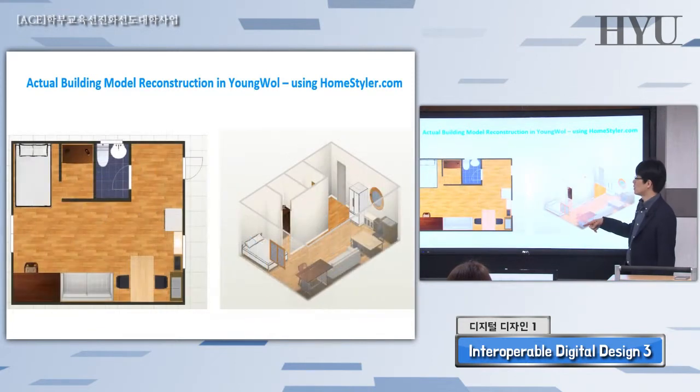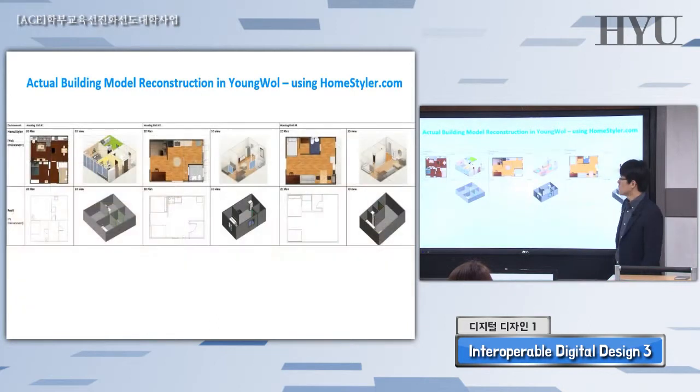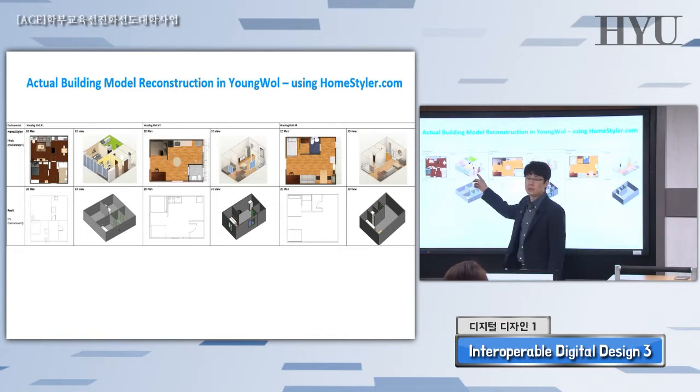So this is the case, and this is another example of a different style of housing unit for that reconstruction project. Okay. So there are 3 examples here, with 2D plan generation by AutoCAD file and a 3D Revit model.